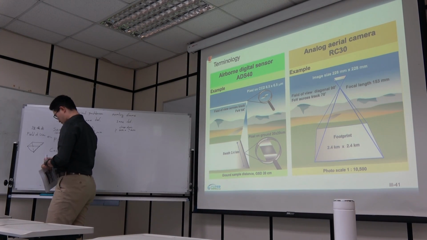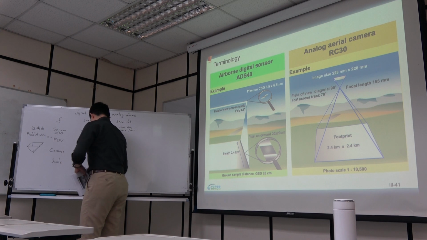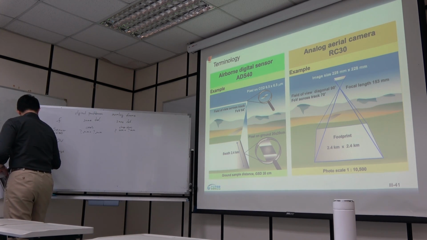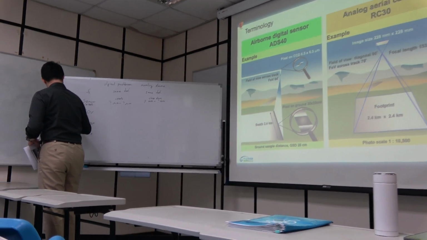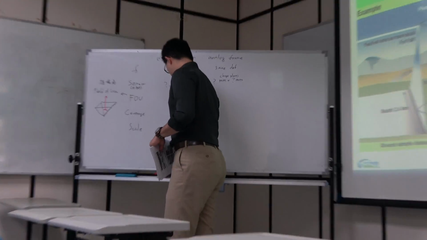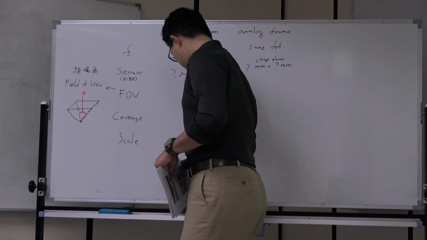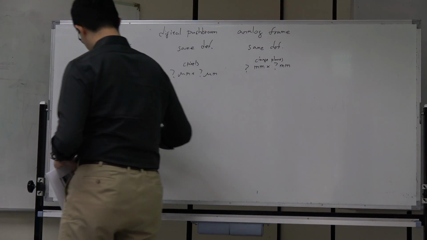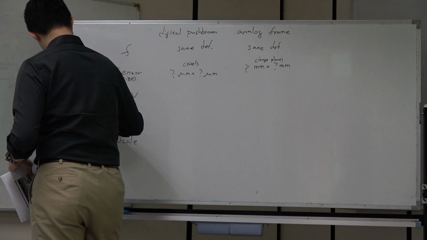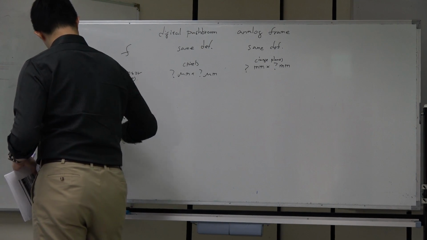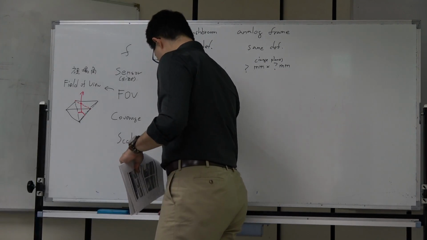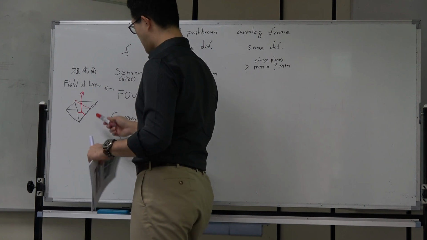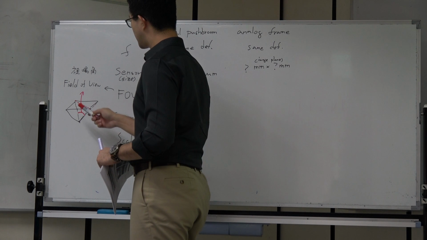The FOV is this angle, which indicates this diagonal line over here. So in terms of a frame camera, the FOV is defined like that.